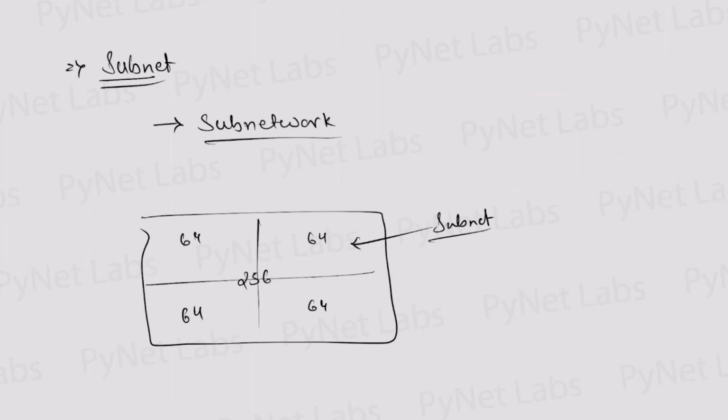So what exactly are we doing? It is helping us in dividing a big IP network into smaller chunks. And what is the benefit of that? The benefit is better management. The smaller segments that we have created become more manageable. Secondly, it helps us in reserving the IP addresses.